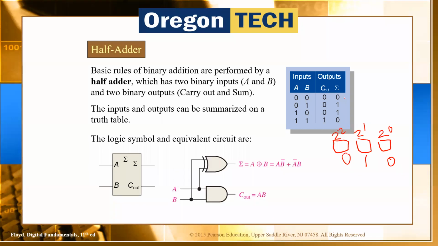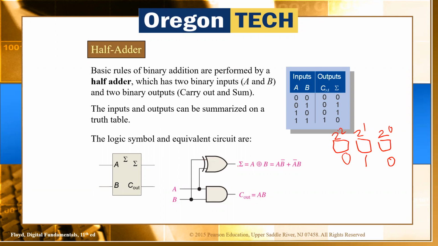What about the summation? This is the carry, and this is the summation. If either one, A or B, is high, I will get high. This is a typical exclusive OR, this circle.